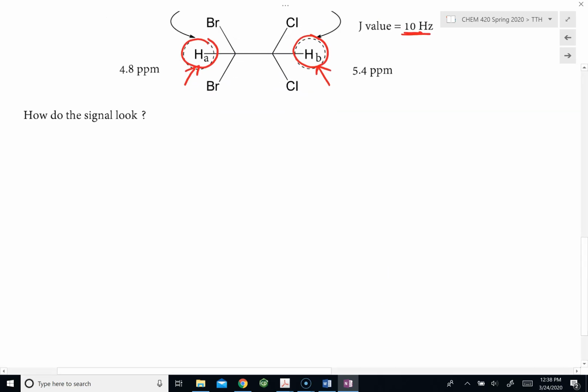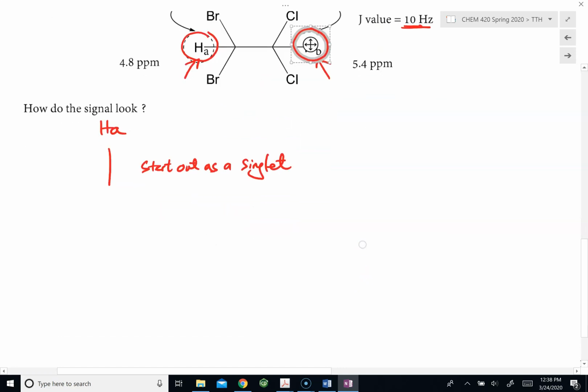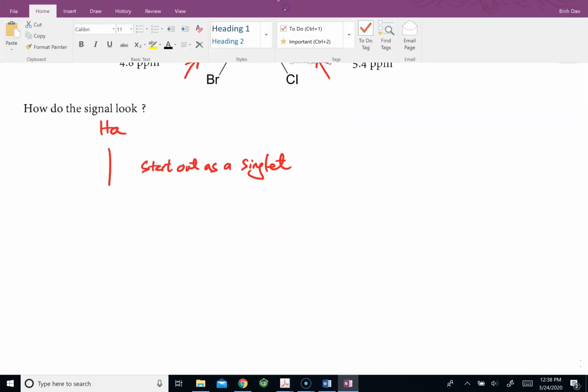Let's now investigate that and draw the signal for HA. Initially, HA will start out as a singlet, just like any other signal. Because HA is communicating with HB, and when there is communication, the signal will get split.